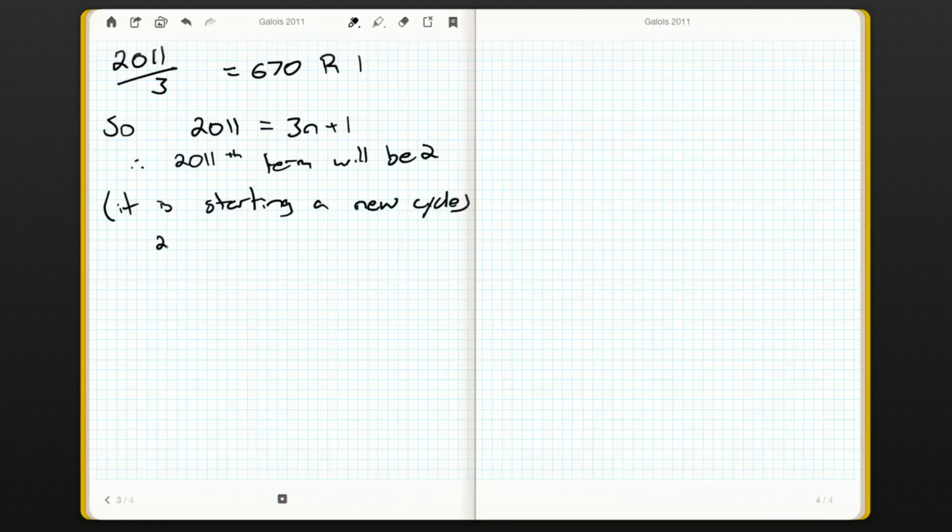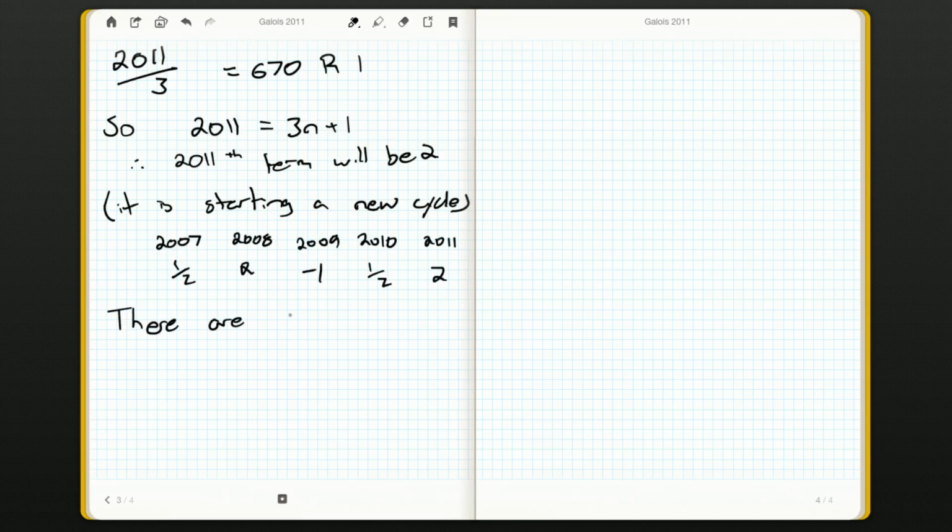So if we look at our terms, we could have the 2007th, 2008th, 2009th, 2010th, and 2011th. That'll be a half, 2, -1, a half, 2. So the cycle has repeated itself 670 times before this point.